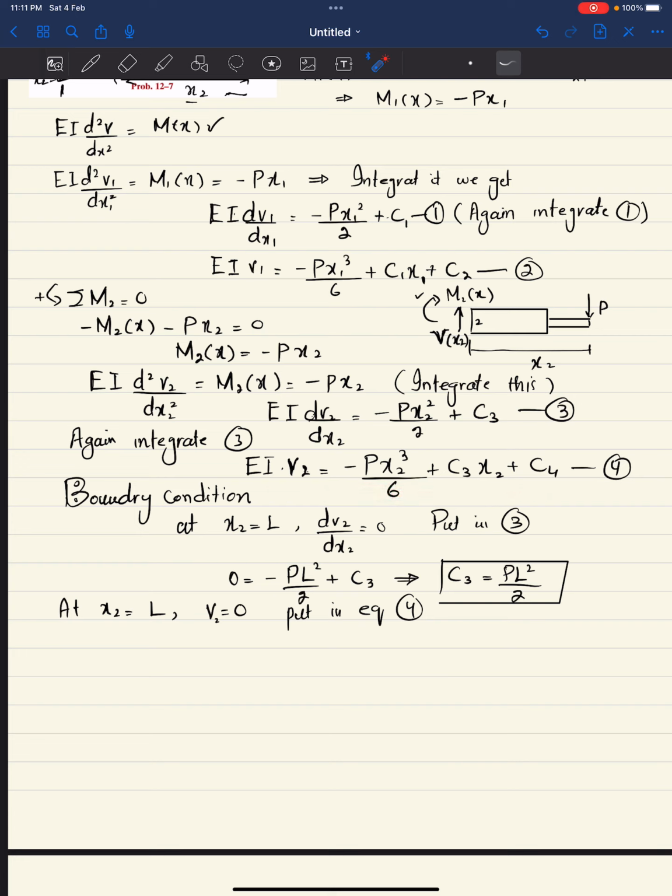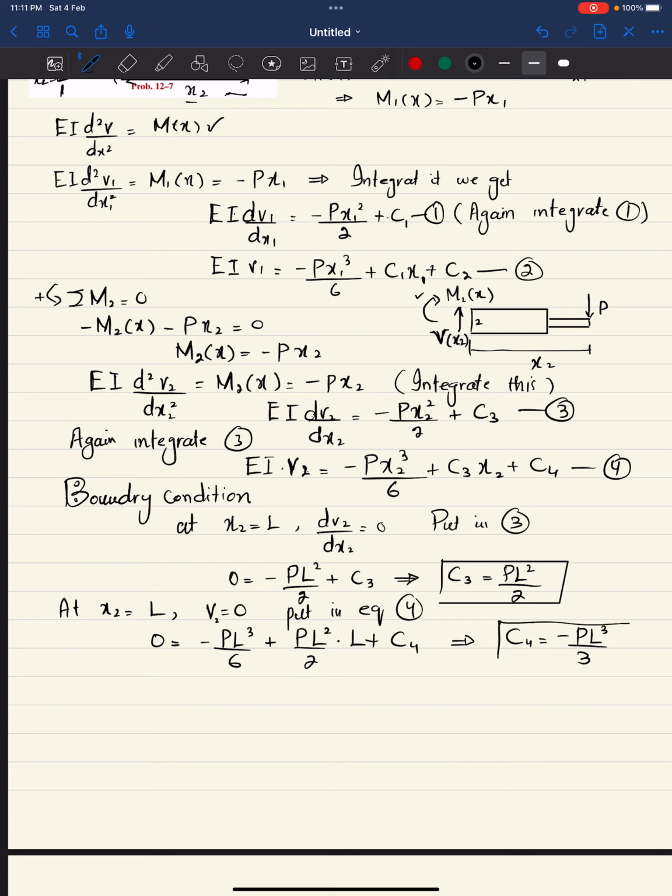At x is equal to L, this term will be equal to 0 and this term will be equal to minus PL cube over 6 plus C3, which is this one, into L plus C4. So I will write it: 0 is equal to minus PL cube over 6 plus C3, which is PL square over 2, multiplied by L, plus C4. When you solve this, you will get C4 equal to minus PL cube over 3.